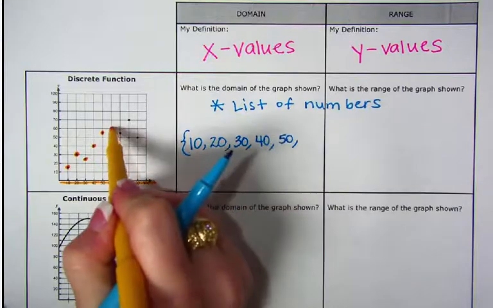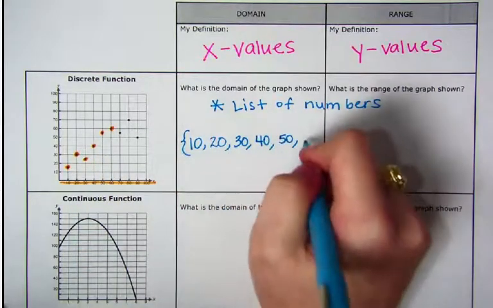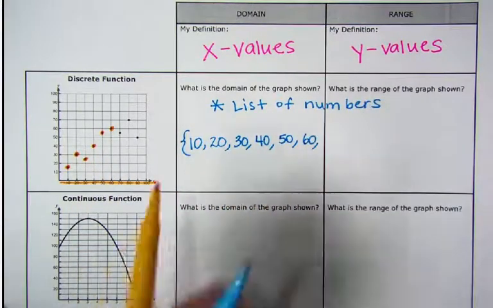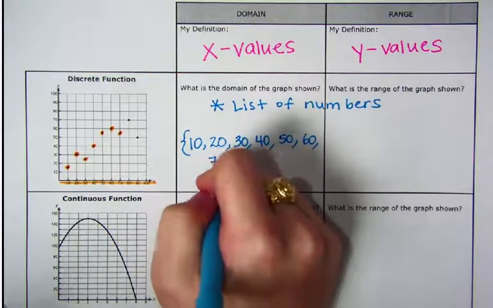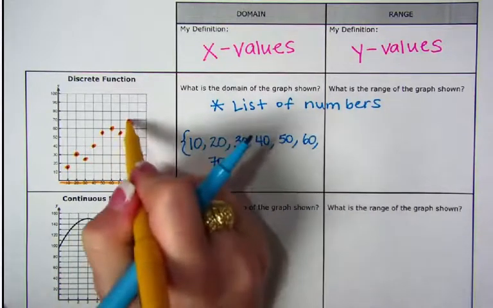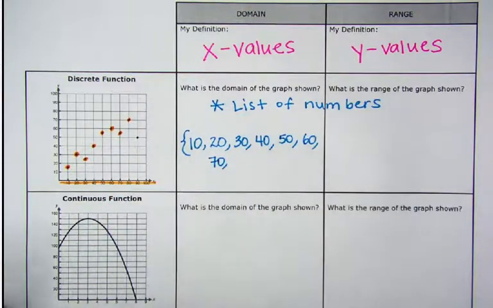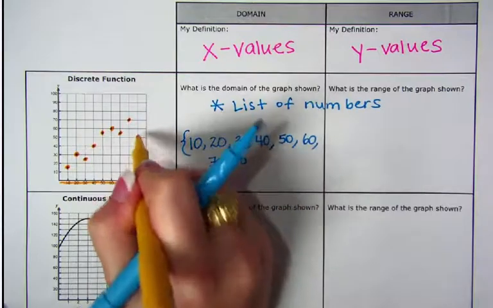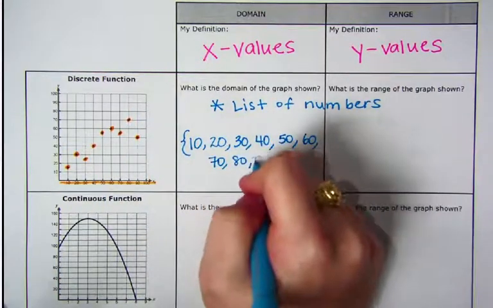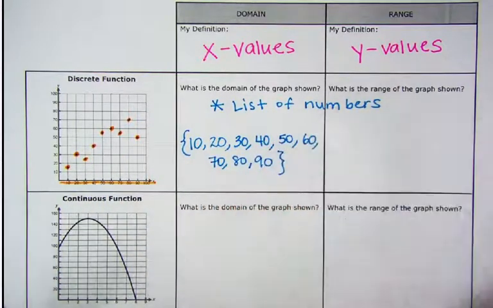The next point is at 60, 70, 80, and 90. And then we close it with a curly brace. So this is the domain of this discrete function.